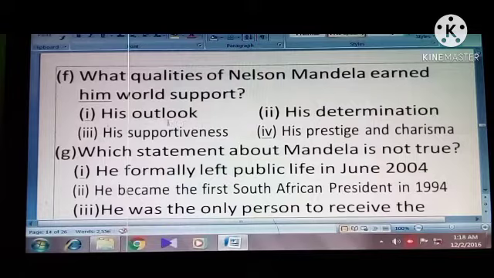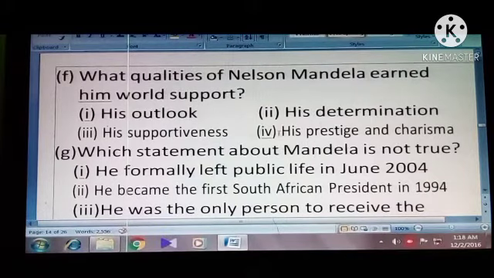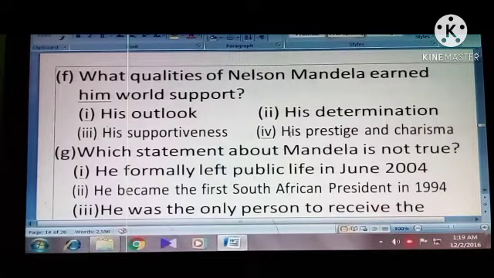Number 1, his outlook, 2, his determination, number 3, his supportiveness, number 4, his prestige and charisma. In our passage we got that his prestige and charisma helped him to win the support of the world. So here the answer is number 4, his prestige and charisma.